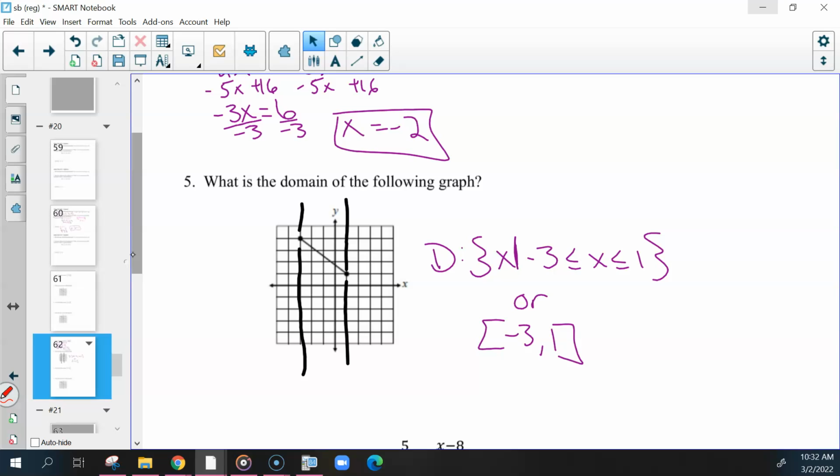Right. Before we start this unit, look at your course calendar. Make sure you take note of all the important dates, Khan Academy dates, quiz date, test date. What is not on there is your benchmark date. That is going to be on the 30th, which is a Wednesday.